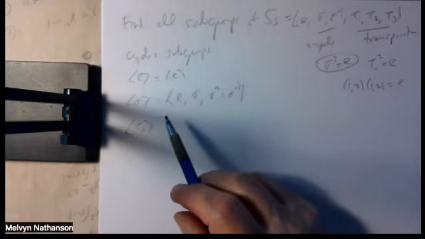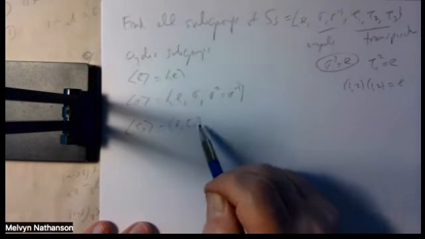I also know with a transposition, if I square it, I get the identity. 1 2 followed by 1 2: 1 goes to 2 goes to 1, 2 goes to 1 goes to 2, 3 goes to 3 goes to 3. This is the identity. So for each i, the subgroup generated by tau i is just the identity and tau i.